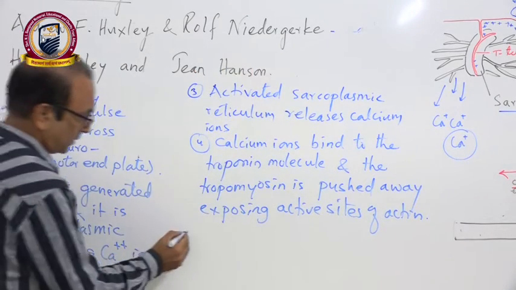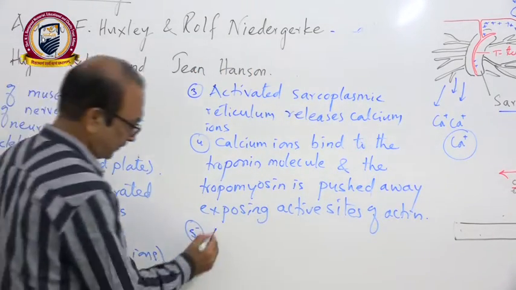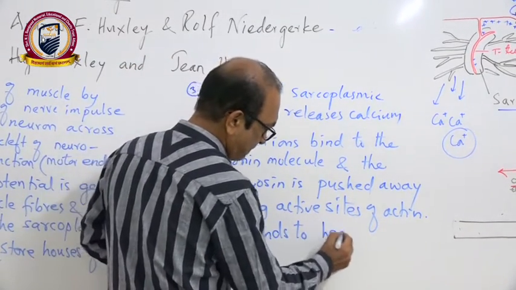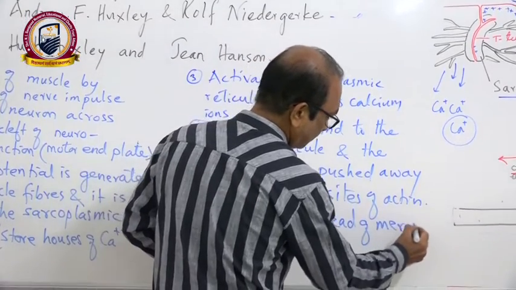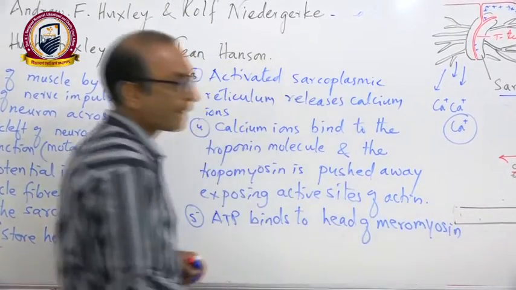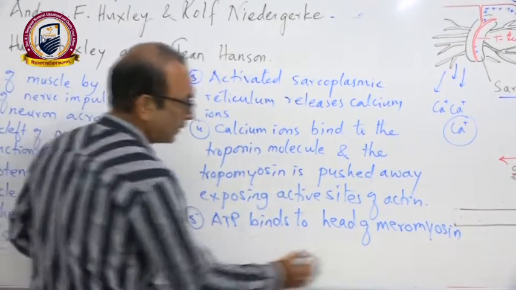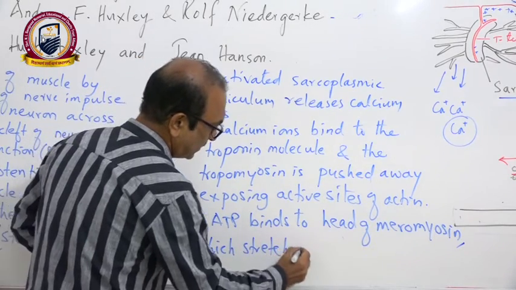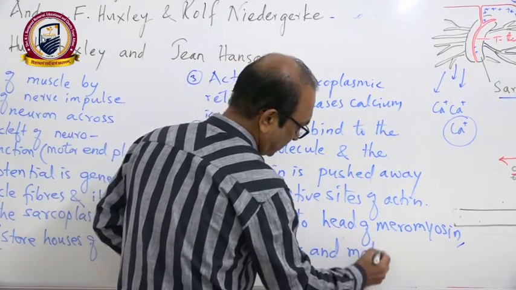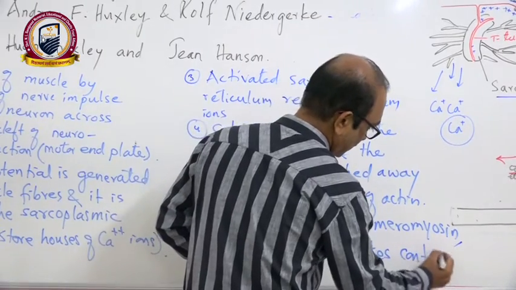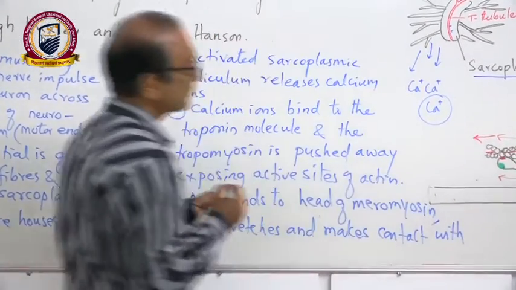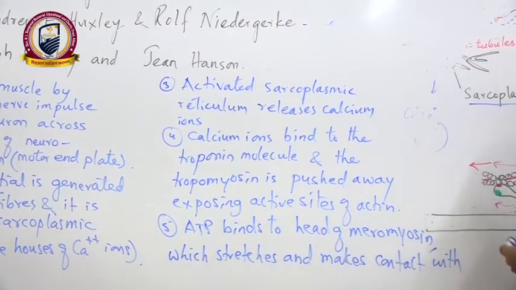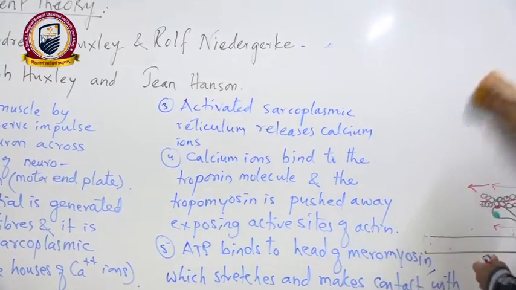Okay, then ATP binds to the head of myosin, which stretches and makes contact with the actin filament.